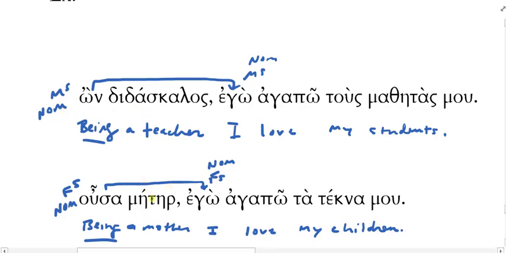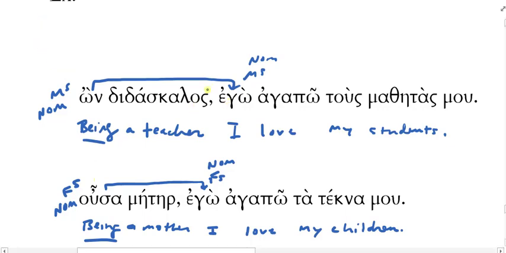The didaskalos and the meter? Yeah. Not really. It's really the form of on here and ousa, which are nominative. So when I get to the nominative ego, I already know what gender it is by the participle that was used. So for the first one, you could have used ousa, right? And kept the exact same translation out of context.